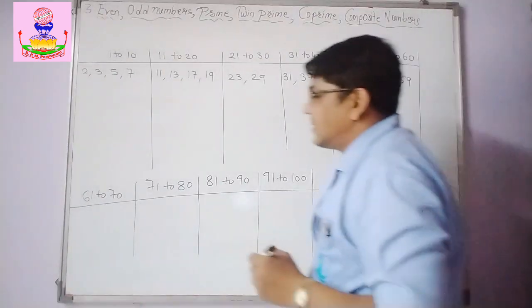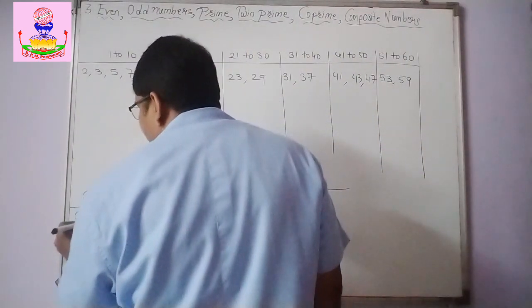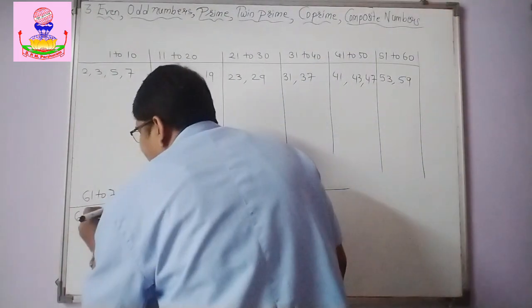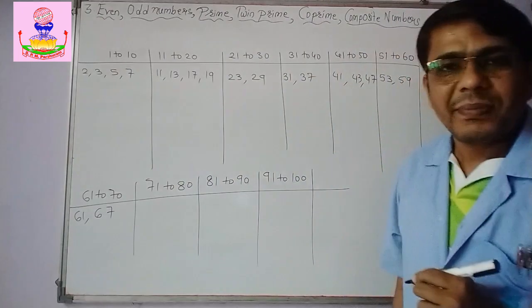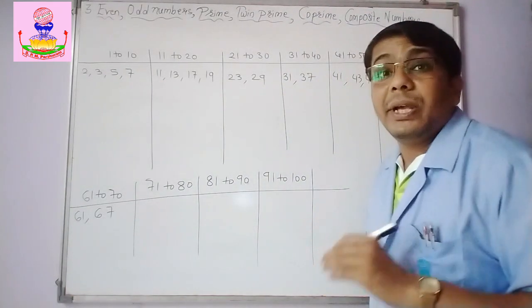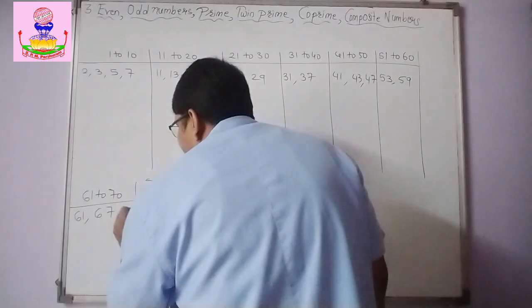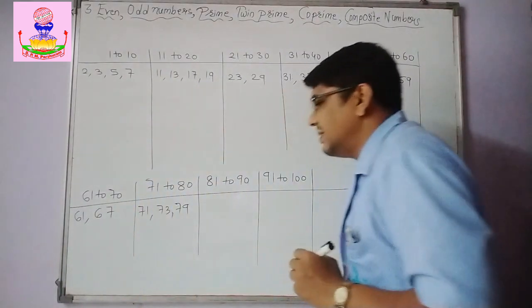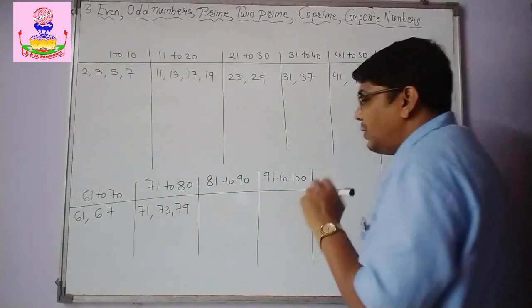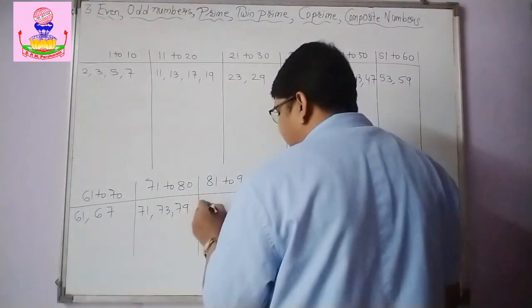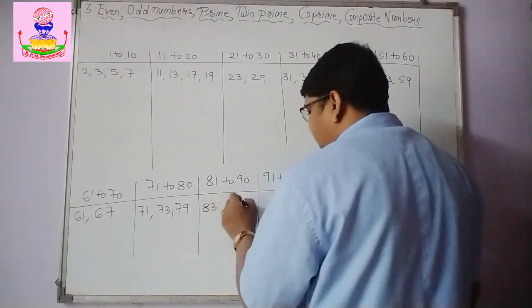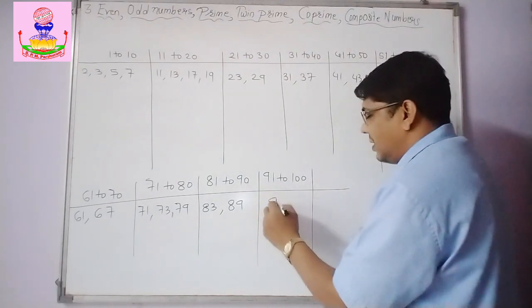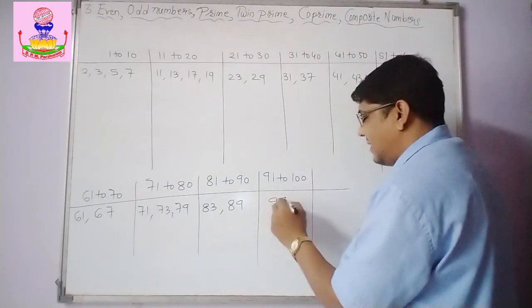Then 61 to 70: 61 and 67. 71 to 80: 71, 73, 79. 81 to 90: 83 and 89. And 91 to 100: exactly 97.